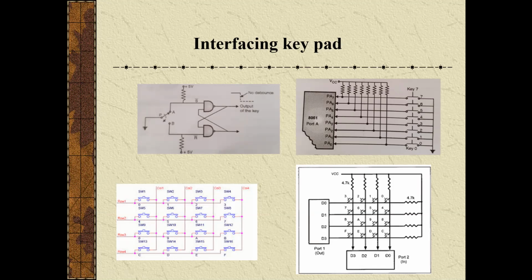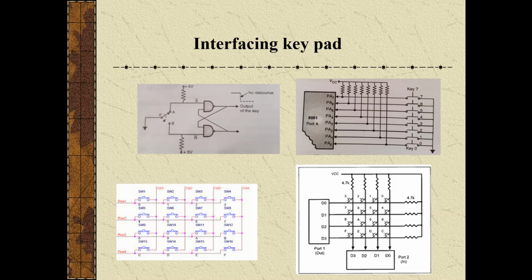The output changes from high to low, and the wiper bounces many times on contact B, but the output does not fluctuate between logic 1 and 0. When the wiper is not connected to either A or B, the output of the latch remains constant. This is hardware debouncing.